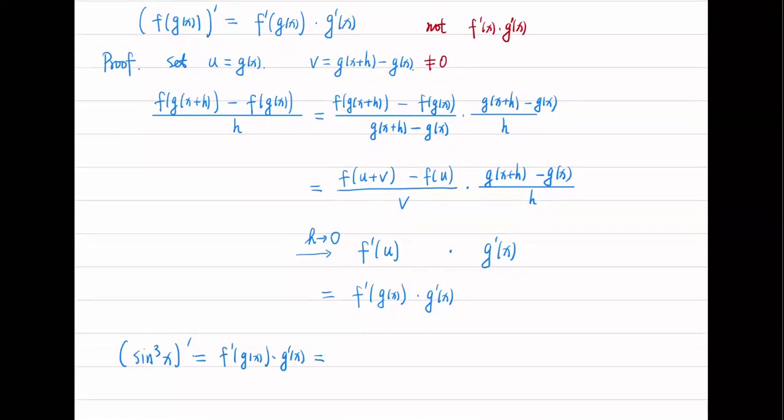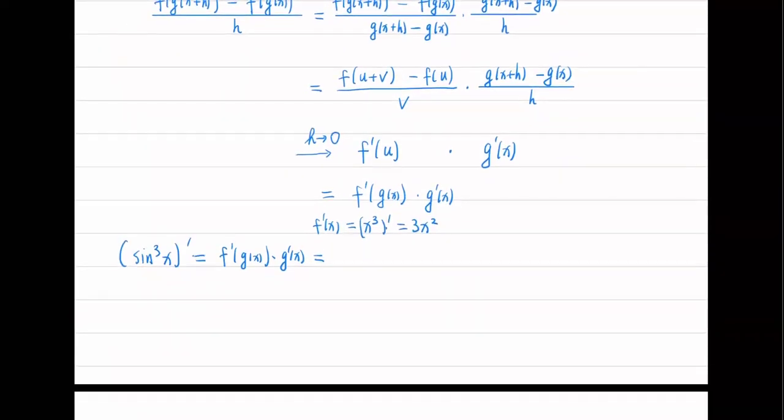So now what is f? f is x cubed. So it will be this derivative, 3x squared. Let's make a little bit of extra space. Too crowded.